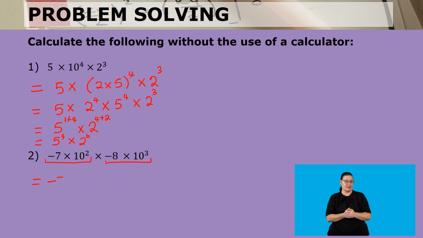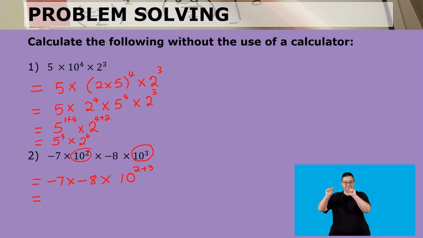So we can say negative 7 multiplied by negative 8, then we are going to multiply that by 10, and the exponent there is going to be 2 plus 3. Why are we adding these exponents? Because we can see that these powers have the same base.